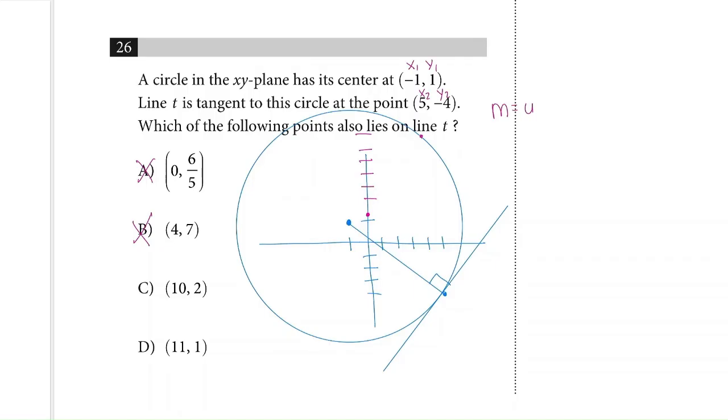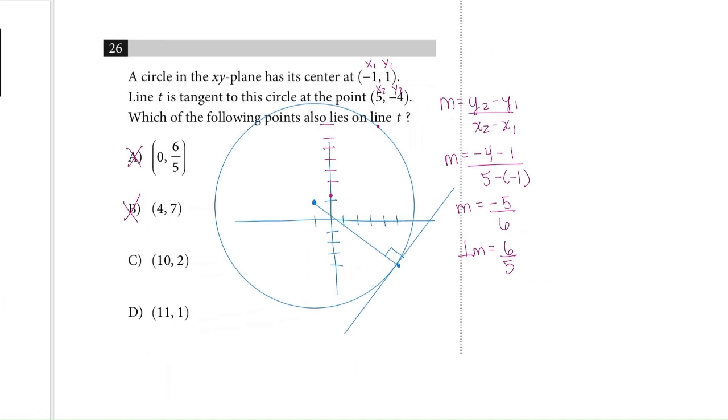We plug in these values. I am getting -5/6. That does make sense because you can see that our slope is negative here. So our perpendicular slope is going to be the negative reciprocal, which is 6/5.